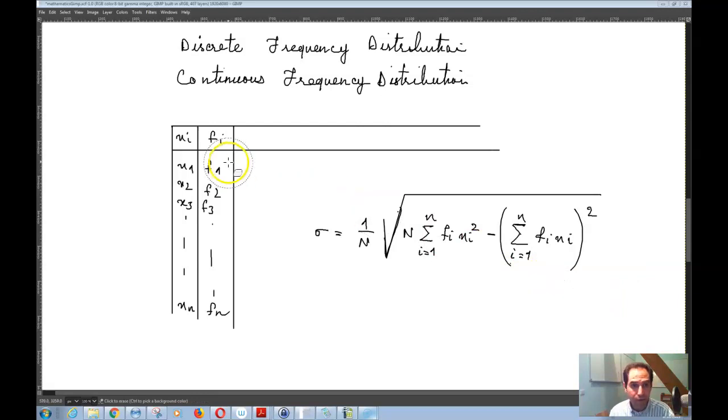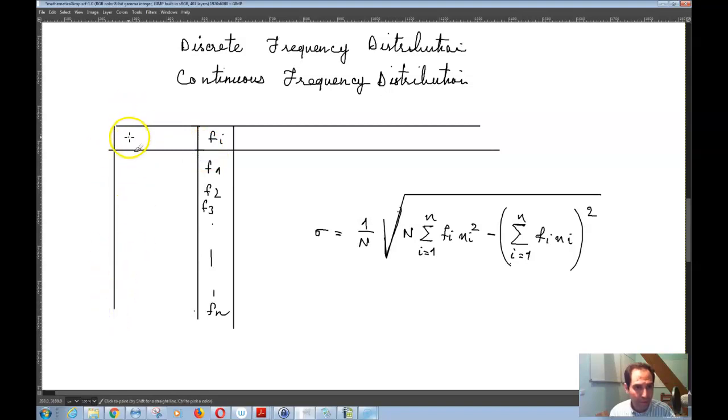Now sometimes your observations are not given to you that way. Sometimes you have these classes. And these classes go from x1 to x2, then x2 to x3, then x3 to x4, and all the way up to x of n minus 1 to x sub n.